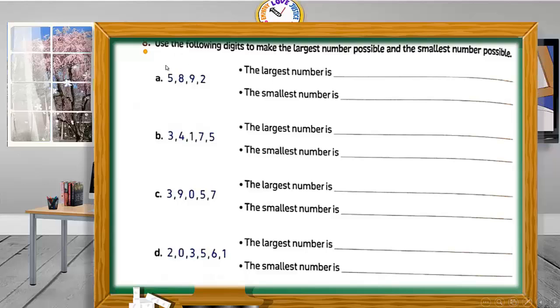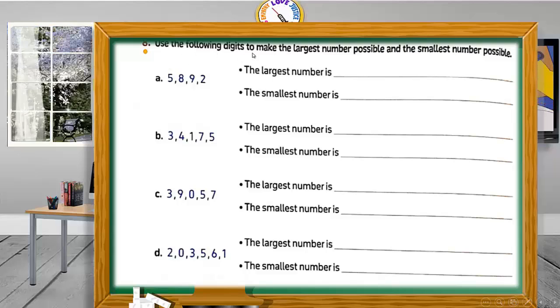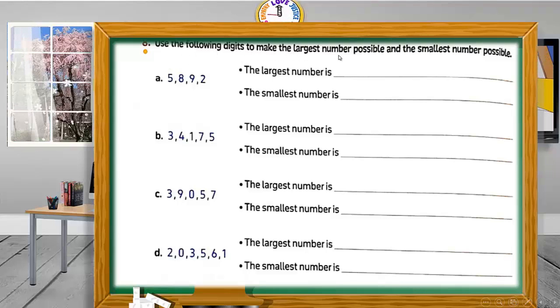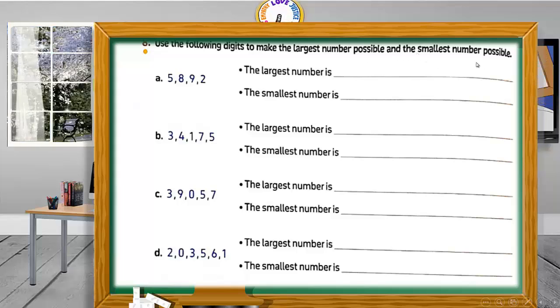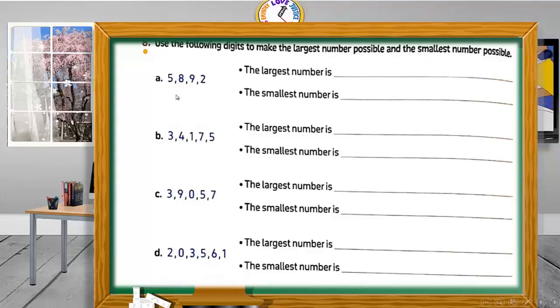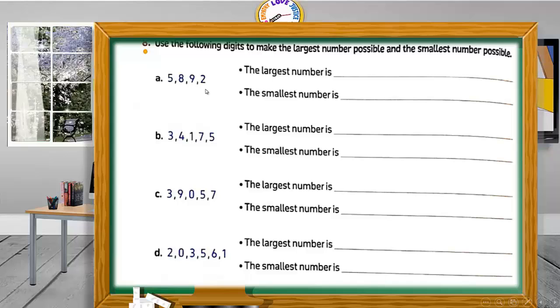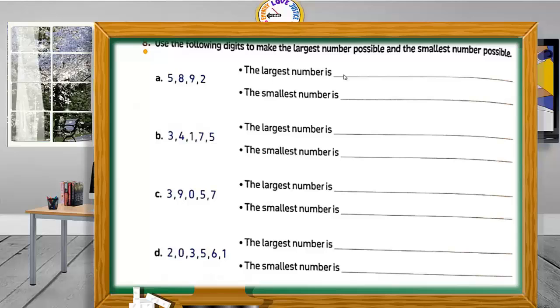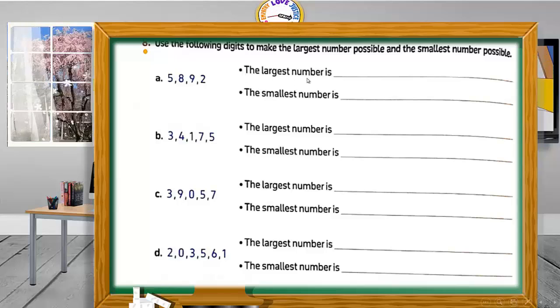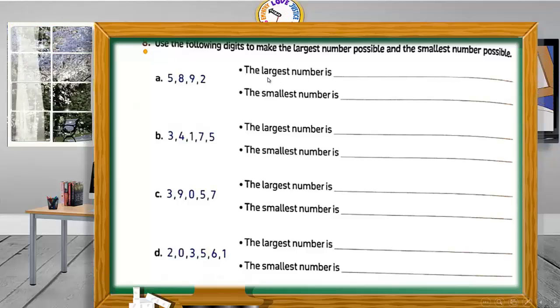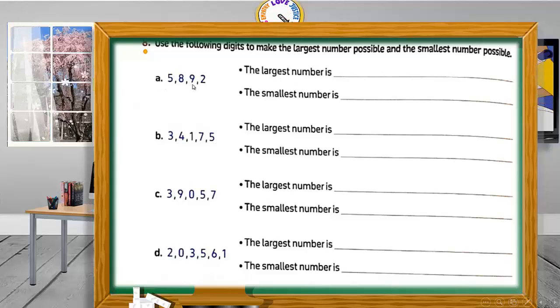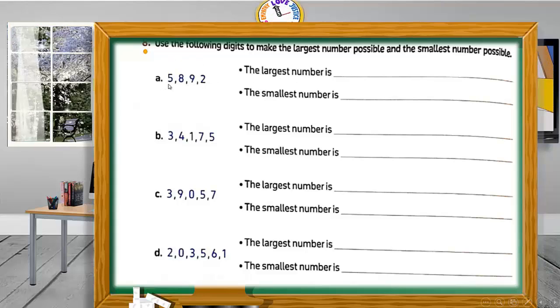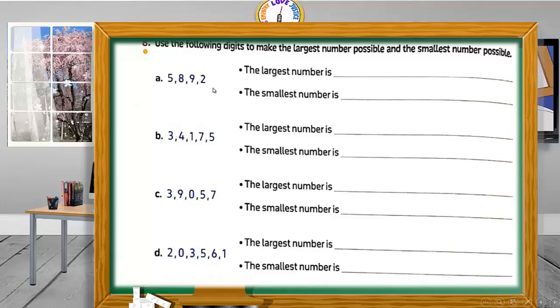Next question number 8. Use the following digits to make the largest number possible and the smallest number possible. We have 4 digits and he wants you to make a numeral. If you want to write the largest numeral, you should order the digits from the biggest to the smallest.